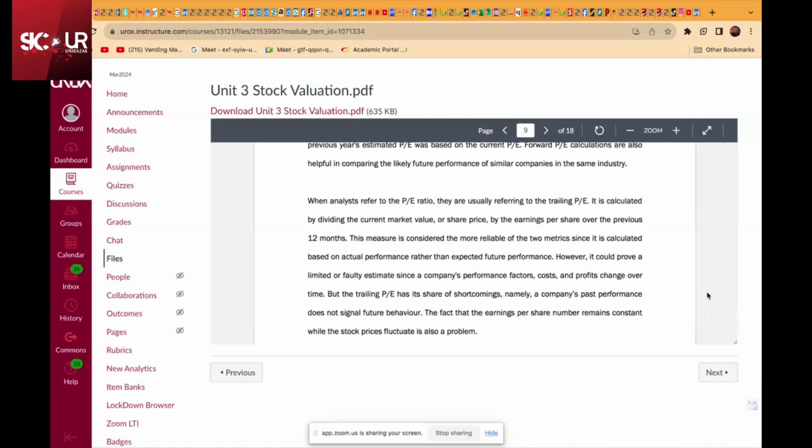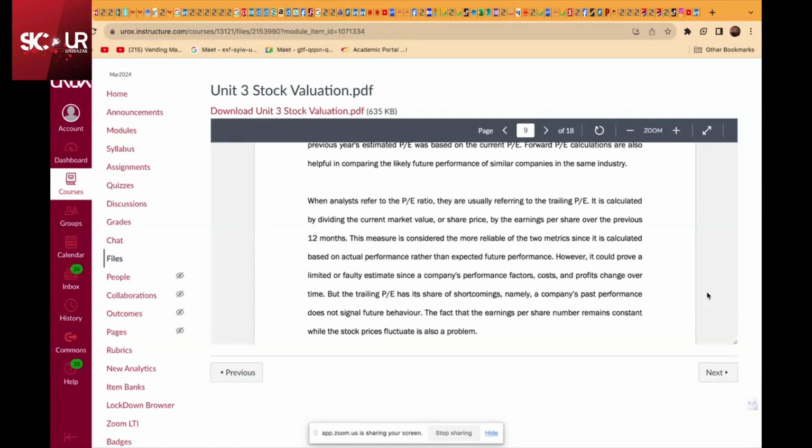It is calculated by dividing the current market value or share price by the earning per share over the previous 12 months. This measure is considered the more reliable of the two metrics, since it is calculated based on actual performance rather than expected future performance.